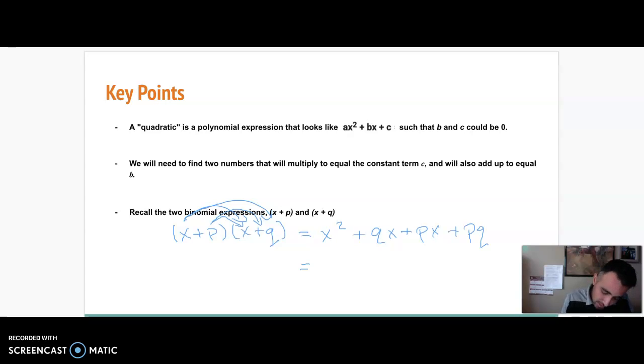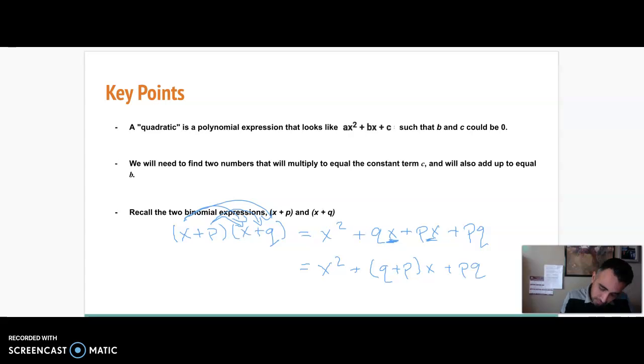Now if we simplify this, or simply factor out the x, we get x squared plus (q plus p)x, because they both have x right here, so we could factor that out.